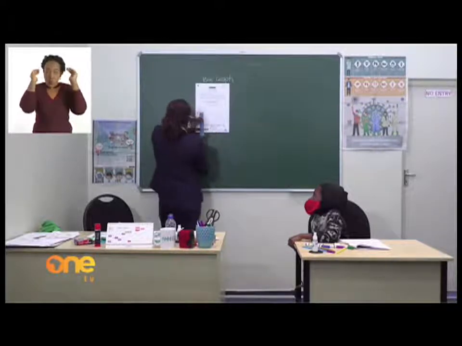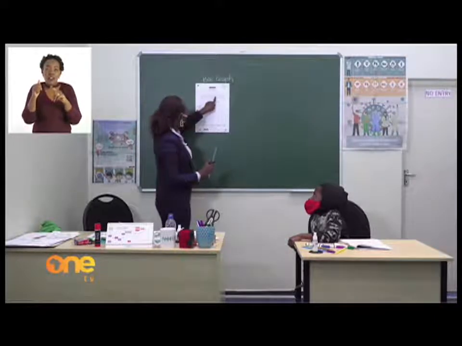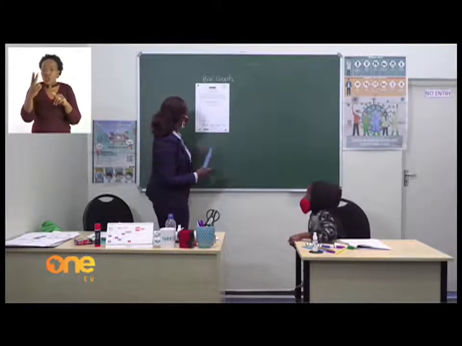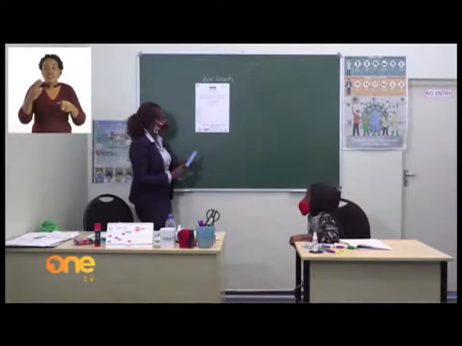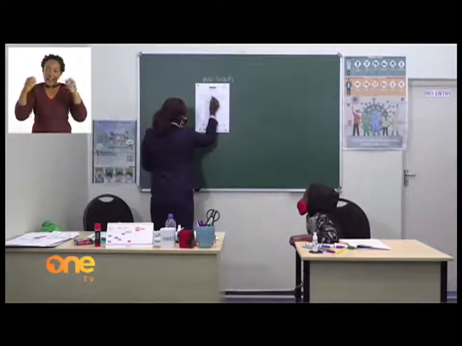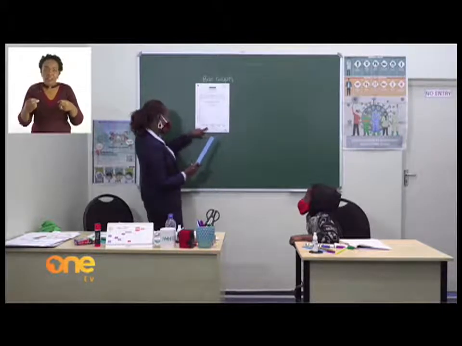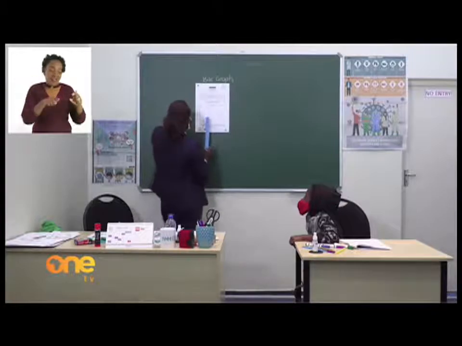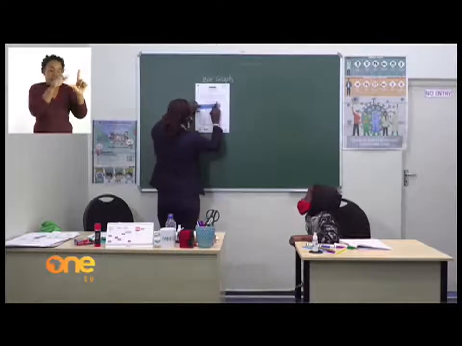Okay? I came across 7 cars at the roadblock between Windhoek and Okahanja. How many cars? 7 cars. So we look for cars here. This is cars. How many cars? 7. We come here. We draw our bar.